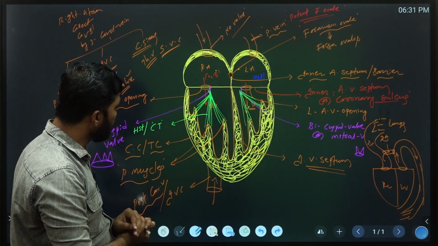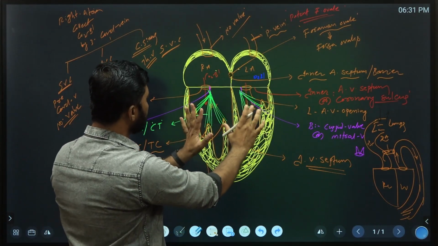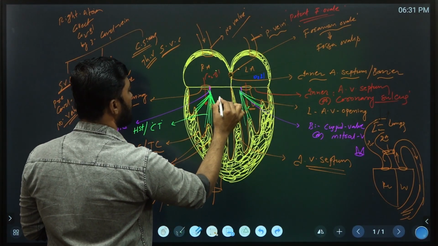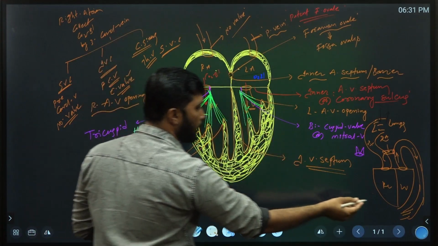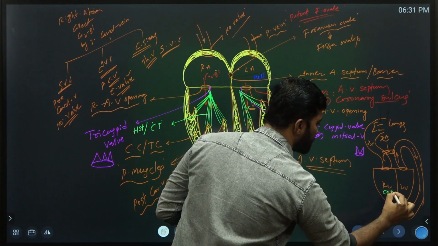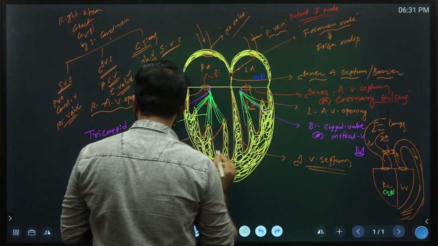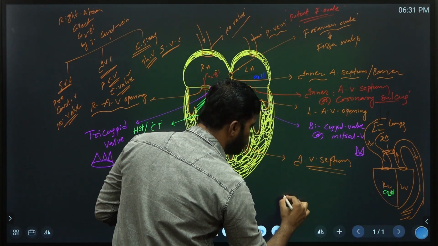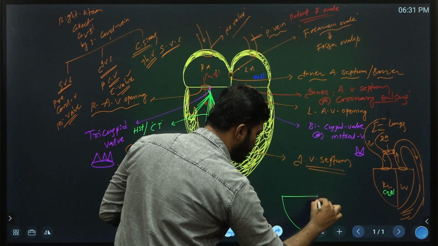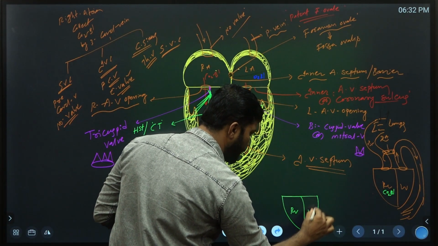Now we go to the ventricles' function. Out of the two, this is the right ventricle, which blood? Carbon dioxide blood, right? This is the fetal stage. If you take the adult stage of the ventricles, right ventricle, left ventricle.